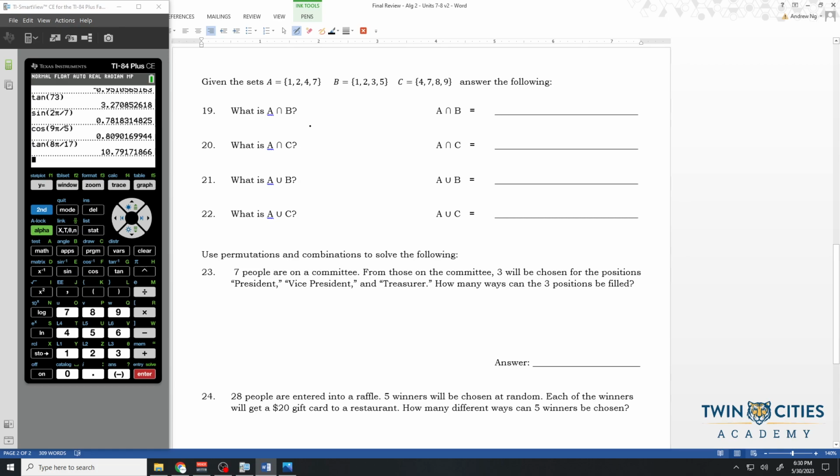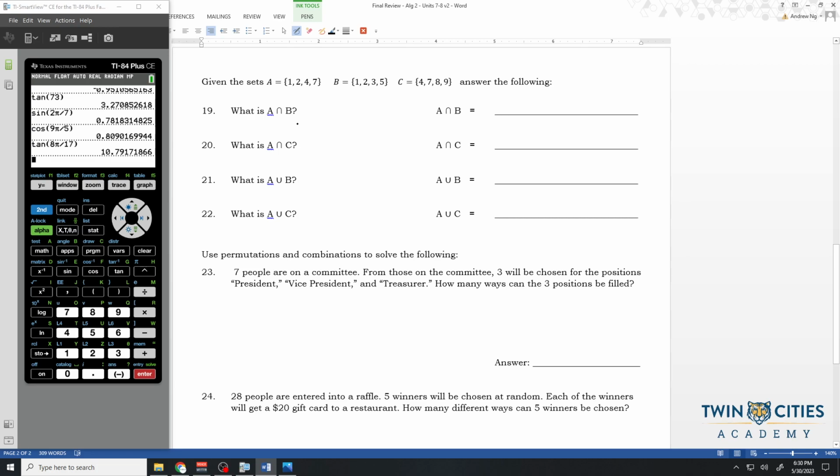Now think of an intersection for a road. I'm going to draw a road here, and then another road here. The intersection is where those roads meet, or in other words, the space that occupies both roads. So when I'm talking about intersections of sets, this is going to be the elements that are in both sets.